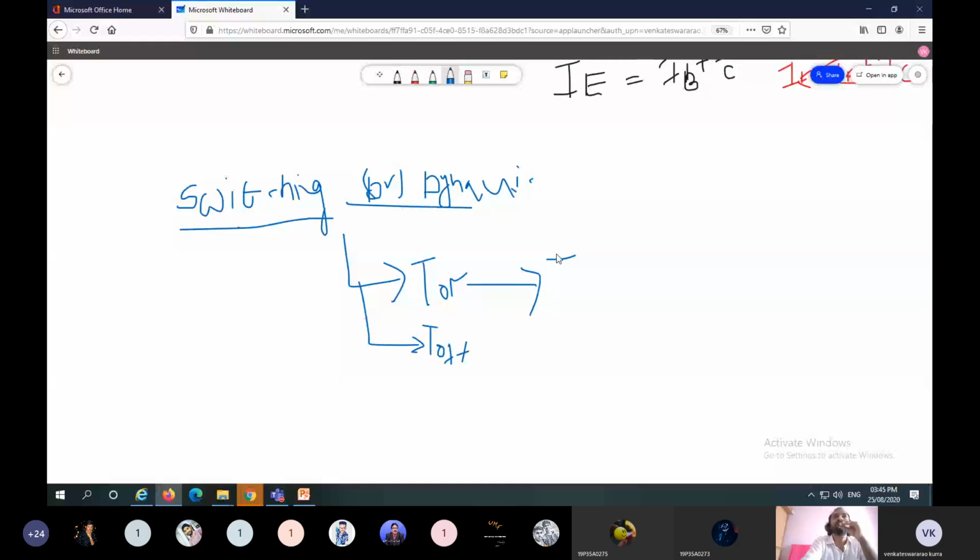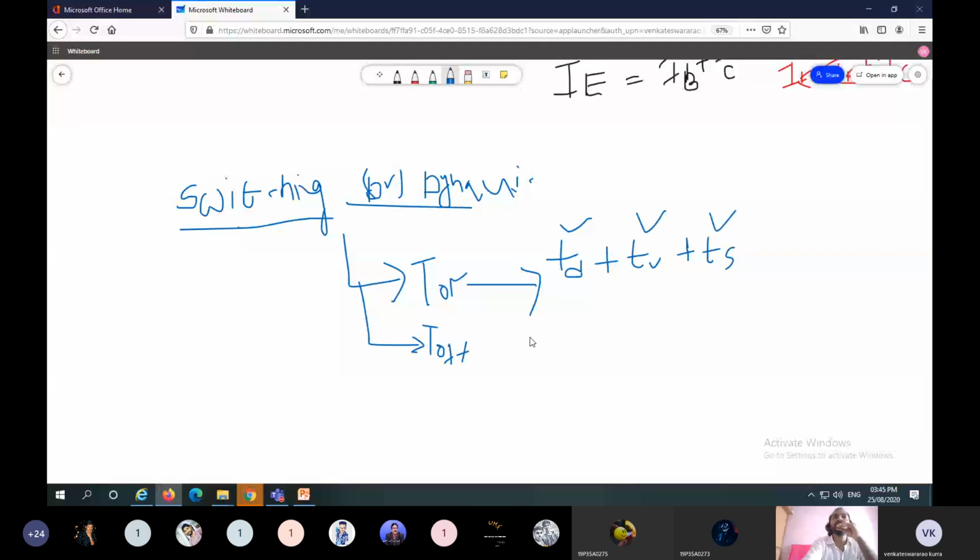First is delay time, TD. Next is rise time, TR. Next is TP or TS, the settling time. This one is delay time, this one is rise time, and this one is settling time.